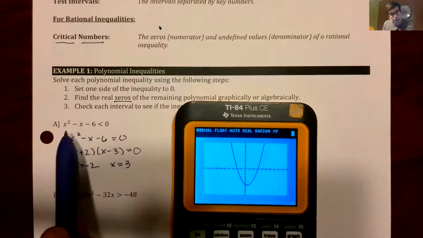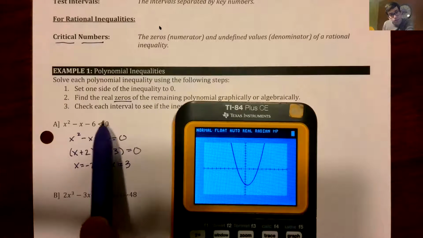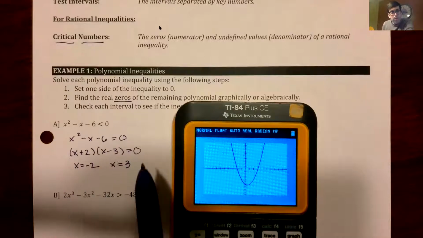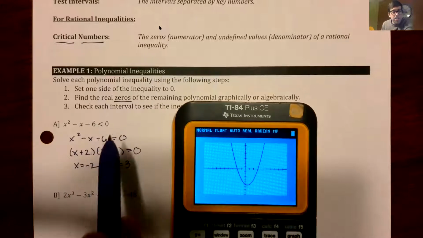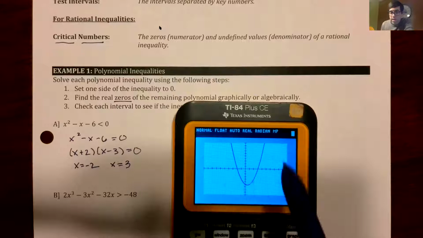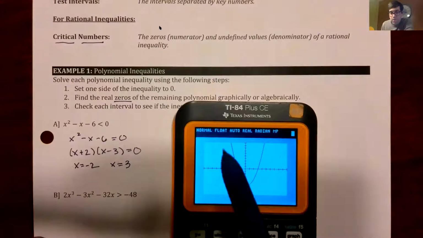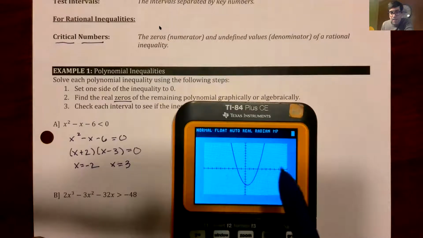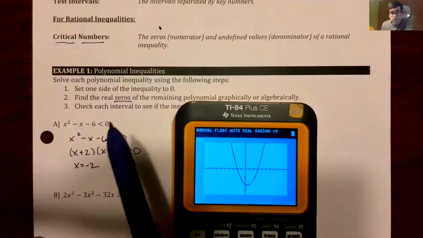But we want to know, when does this expression equal something that's less than 0? So the answers aren't -2 and 3. In fact, -2 and 3 aren't answers at all, because they make this statement equal 0, and that's not less than 0. So if you think about the graph, what we're actually trying to find is all of the x values where the curve is below the x-axis, because anything below the x-axis has a y value less than 0, right?